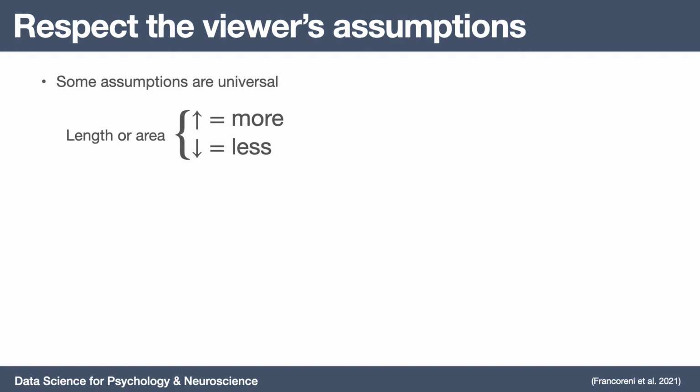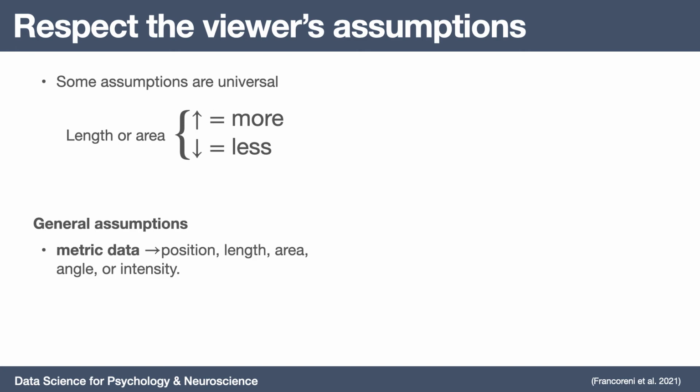Now, in some ways, these default assumptions will depend on the type of data you're trying to plot. So for example, metric data or quantitative data, things that are continuous in units, those map very easily along things like position, length, area, angle, or intensity, because those can be very continuous dimensions.